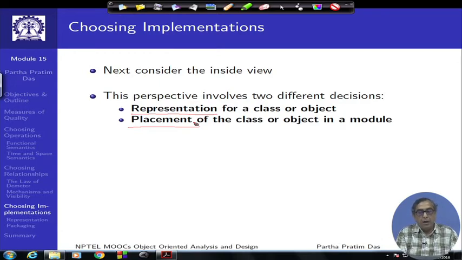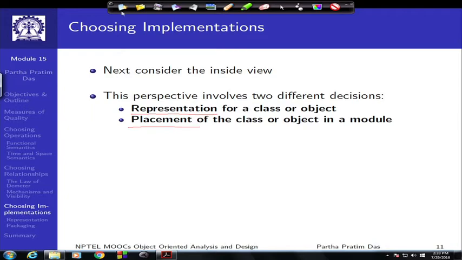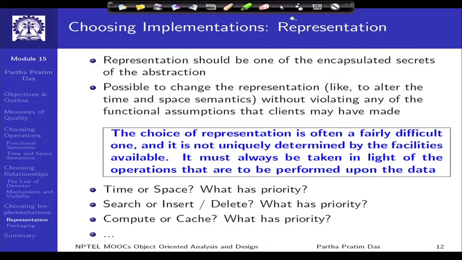In a large system there are a large number of classes and objects, and you need to group them into certain subsystems, certain modules. So, the representation has to be appropriate as well as the grouping, so that the traffic across modules can be minimized and they can be more cohesive.